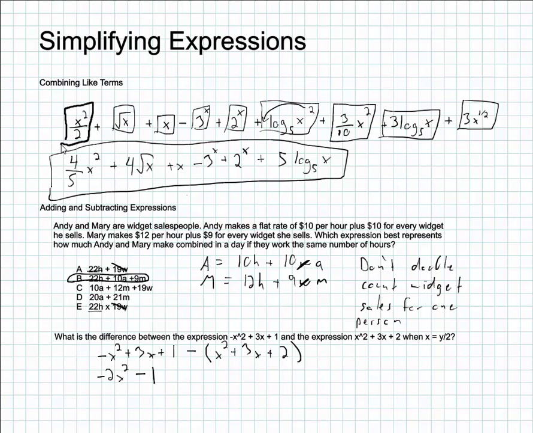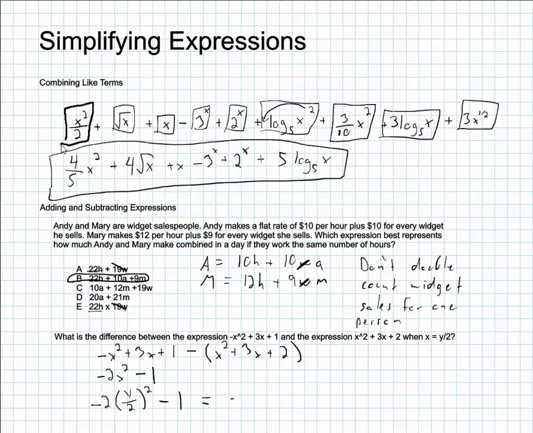Okay, now we can plug in y over 2 for x. So negative 2 times y over 2 squared, minus 1. All right, and let's simplify that a little bit further.